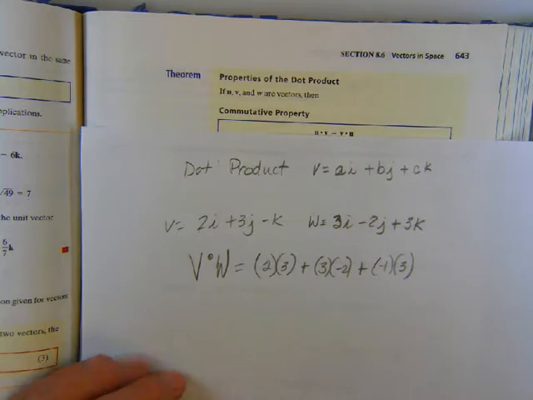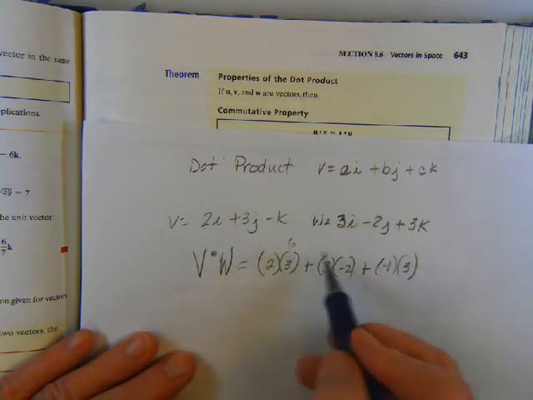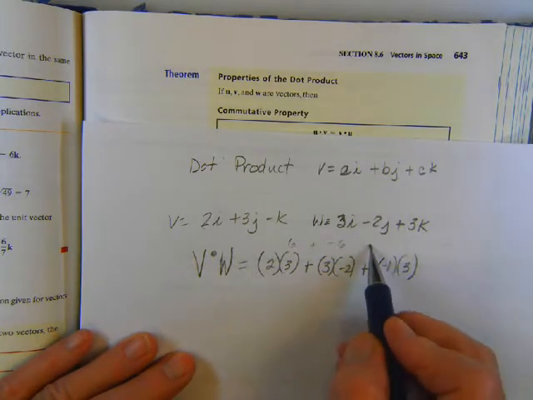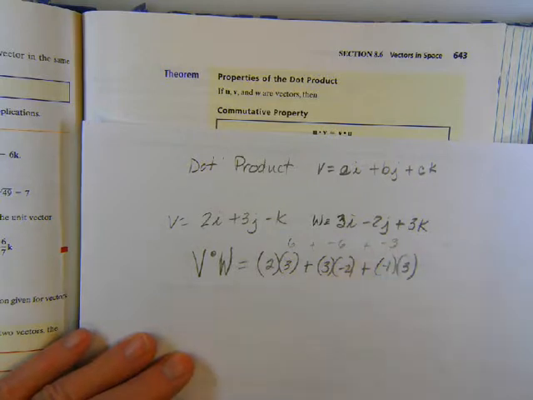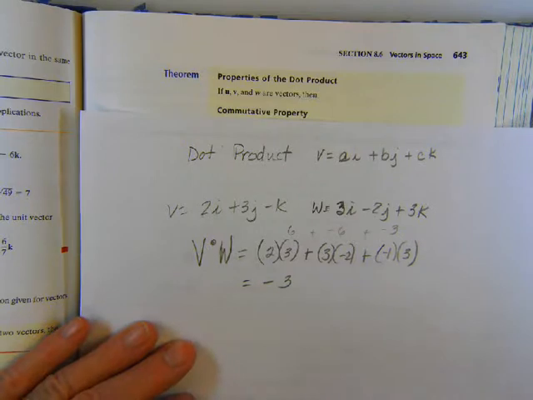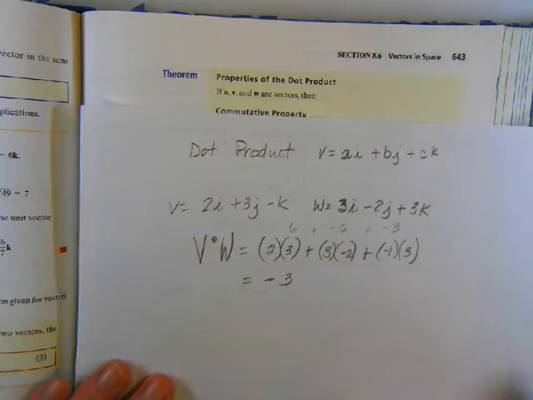Now, what is that going to end up giving you as a numeric value? It'll be 6 plus a negative 6 plus a negative 3, right? So what's that going to be? Negative 3, isn't it? All you're doing is multiplying your coefficients.